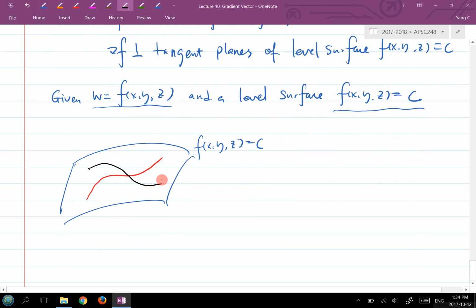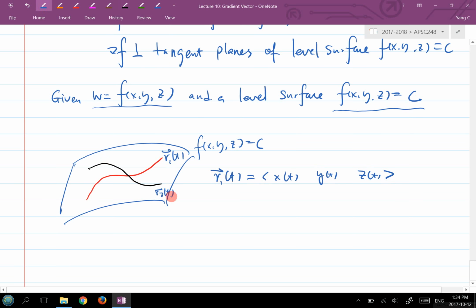Now suppose I use a parametric equation to represent all the different possible curves on the level surface. That would be r(t). Maybe this is r1, or maybe this is r2. Who knows?